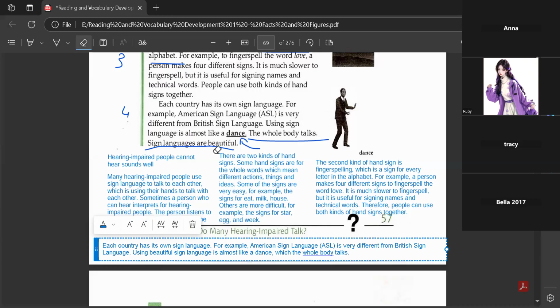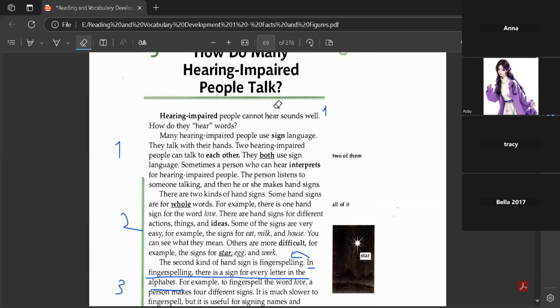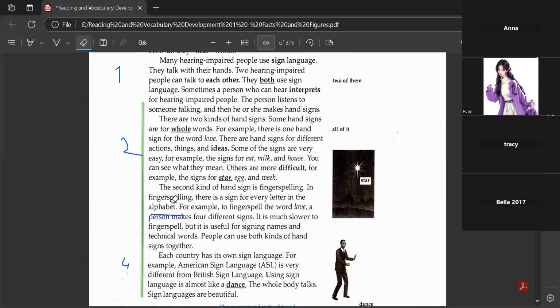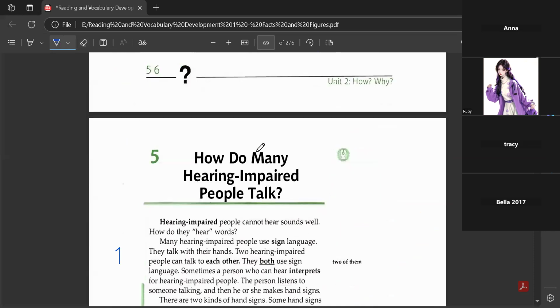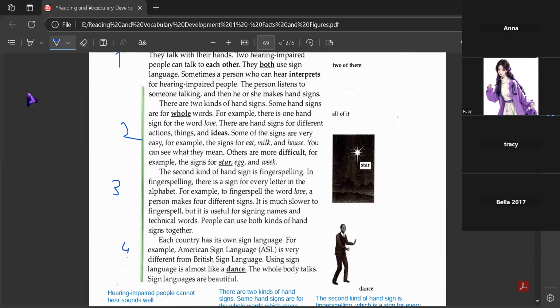Okay, so this is the whole summary for this long paragraph. I'm going to put it in order. Let me find a spot. Okay, let's put it up here.